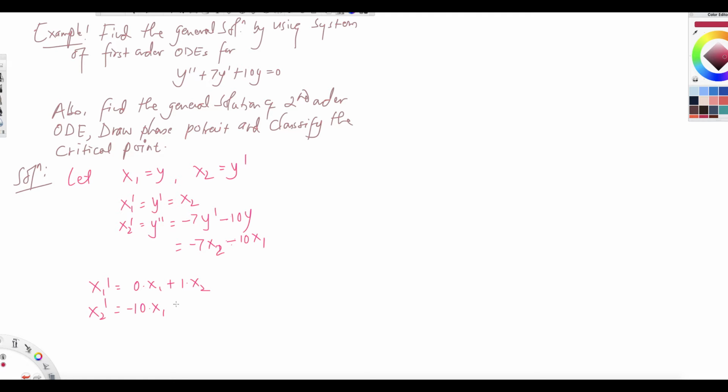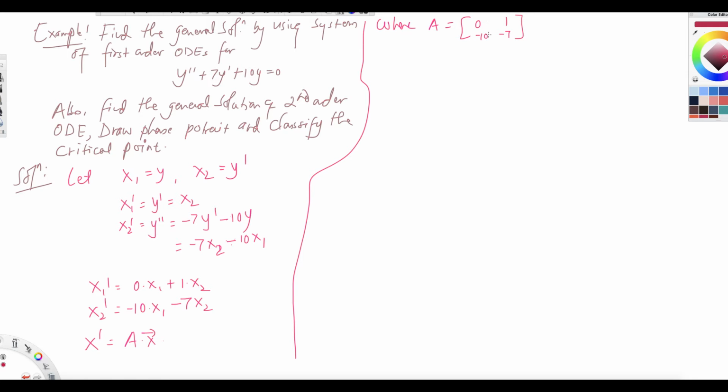So negative 10x1 minus 7x2. All right, so let us write this in the matrix form. You can write x prime equals A times x, where A is 0 and then 1, and then negative 10 and then negative 7.